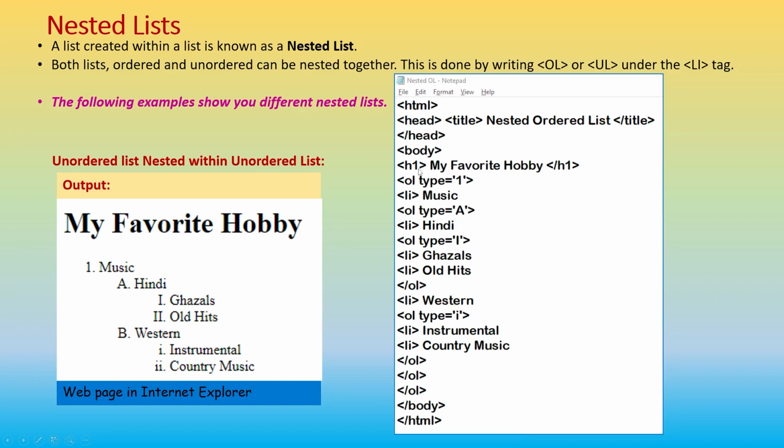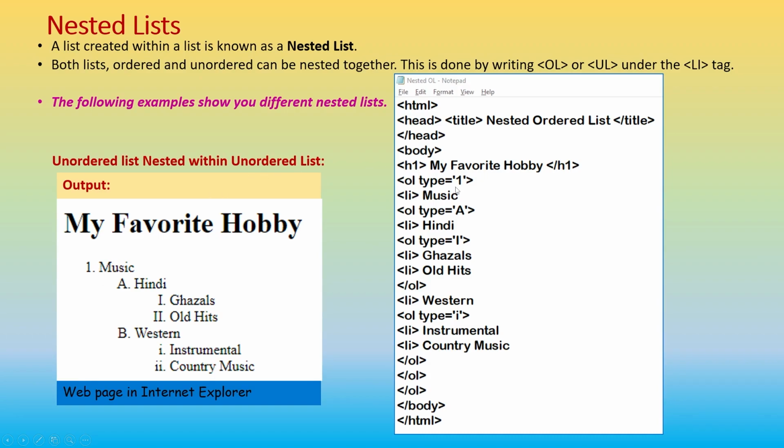So first of all we will write H1, my favorite hobby. See, here I haven't specified CSS styling. This is a simple, core HTML program. Then I put OL with type 1, that means I want 1 as my first list item.